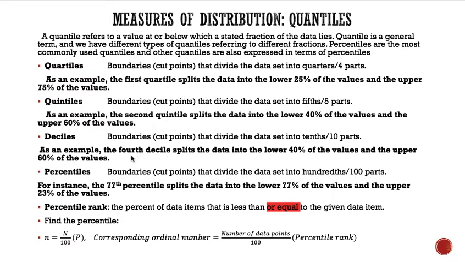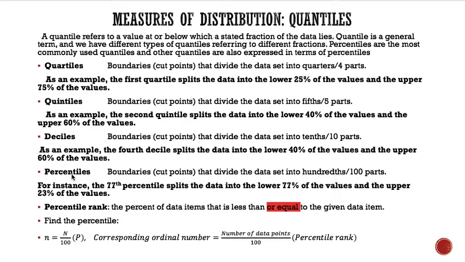For the fourth decile, 4/10, it is 40% of the data in the data set that falls below this boundary, and 60% or 6/10 of the data falls above this boundary.